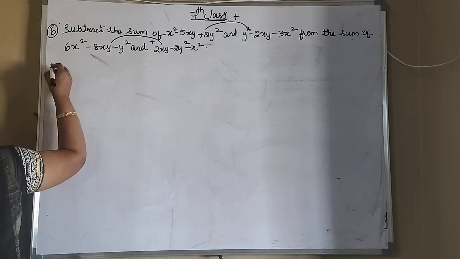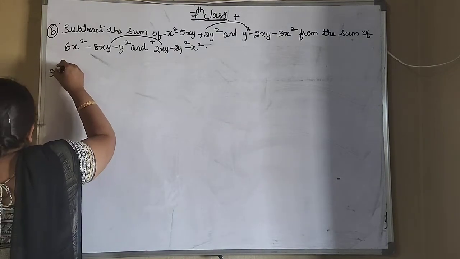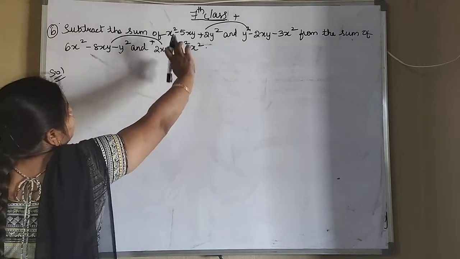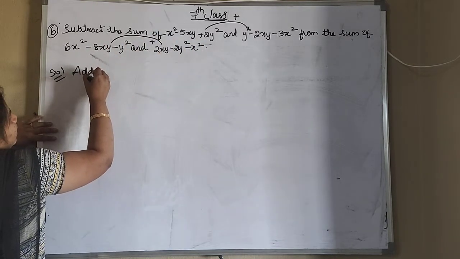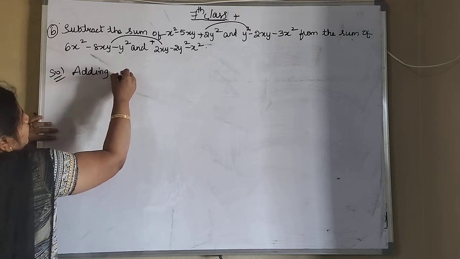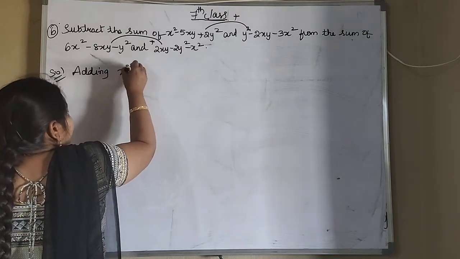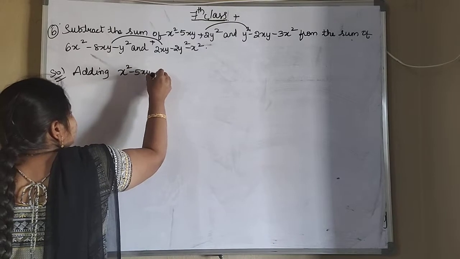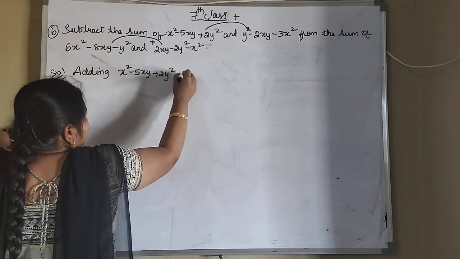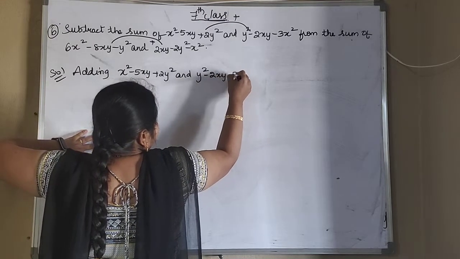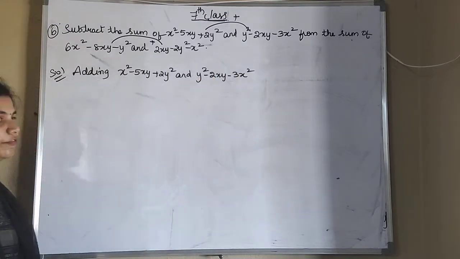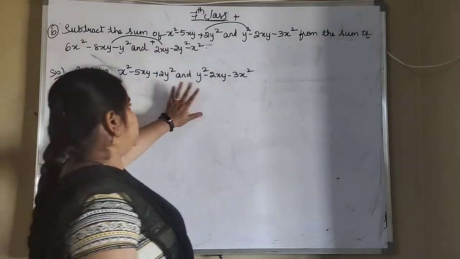So first I am taking these two expressions, x square minus 5xy plus 2y square and y square minus 2xy minus 3x square. We have to add these two expressions.